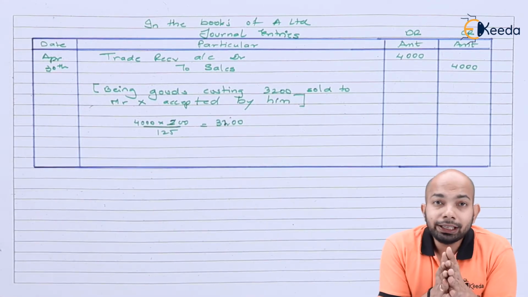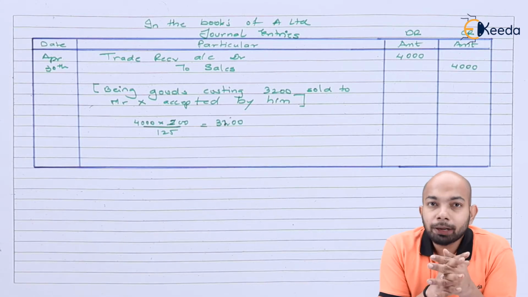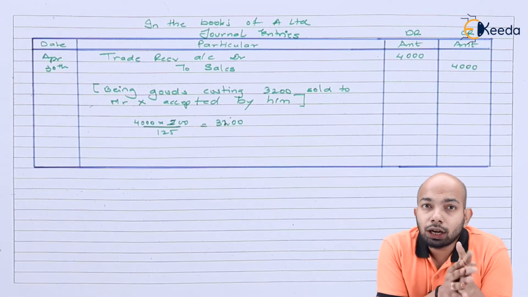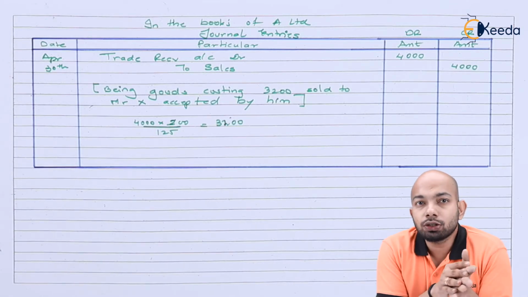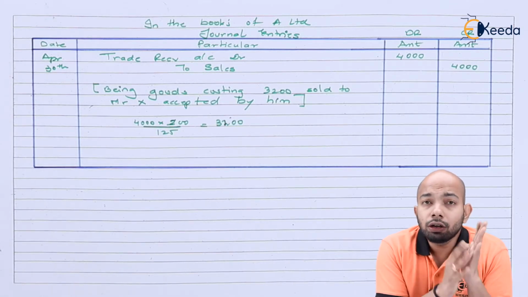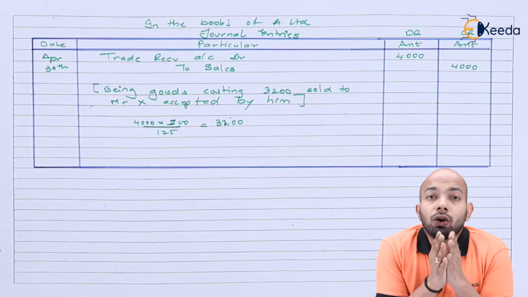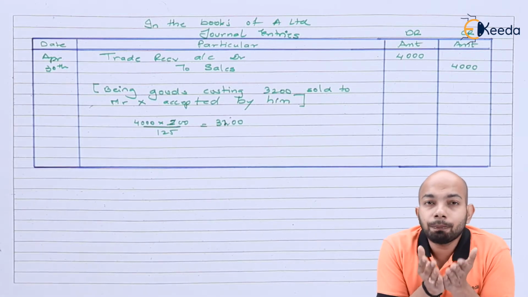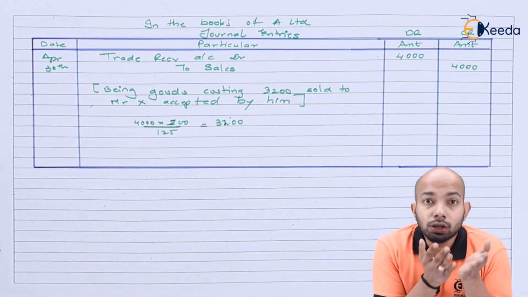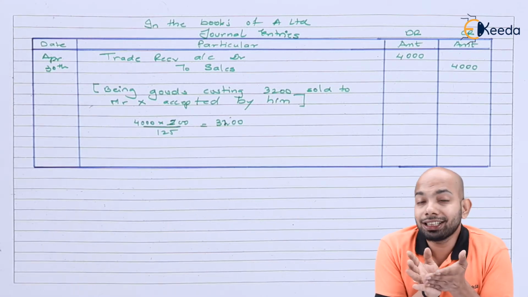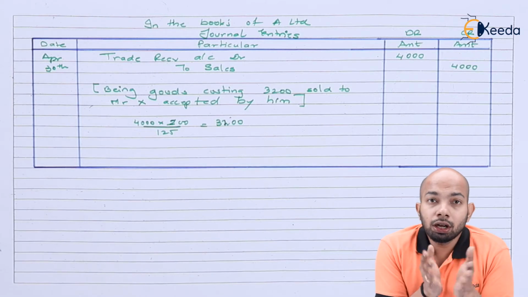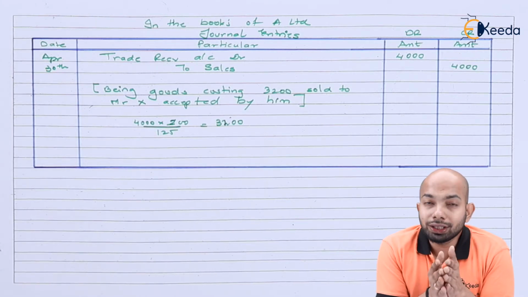The next entry would be the amount that is accepted by Mr. X. So that is 4,000 which was accepted by him. What would be the original cost here? That is 3,200. Again the same logic, 4,000 is the marked-up price, which is 125%. So what would be 100% is something that we have to figure out here. So that is 3,200. Now here we mark the closure of the journal entries, and let's start preparing the balance sheet now.